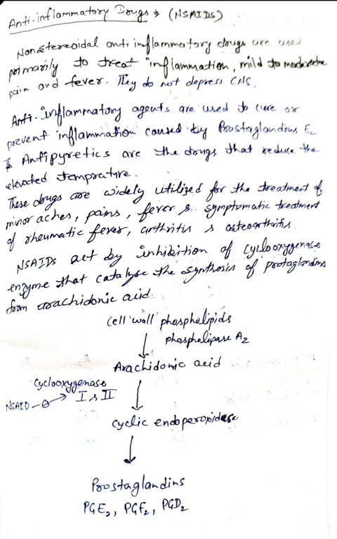What happens in inflammation is that membrane phospholipids are converted into arachidonic acid by the enzyme phospholipase A2, and then the cyclooxygenase enzyme acts on arachidonic acid and converts it into prostaglandins, mainly prostaglandin G2 and prostaglandin H2. These prostaglandins are then converted into different types of prostaglandins, thromboxanes and prostacyclins.